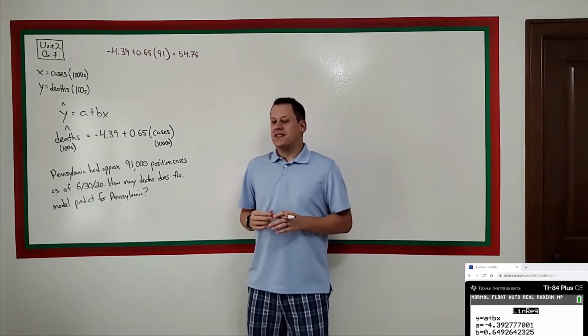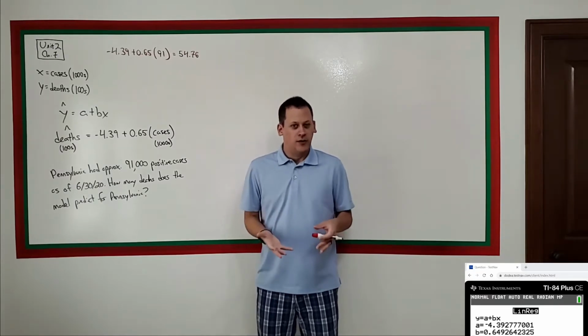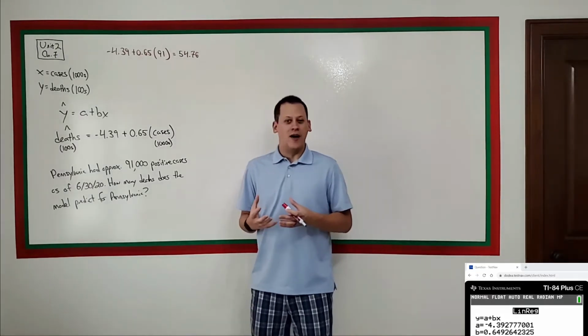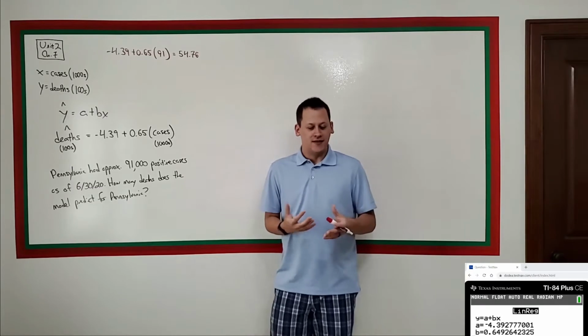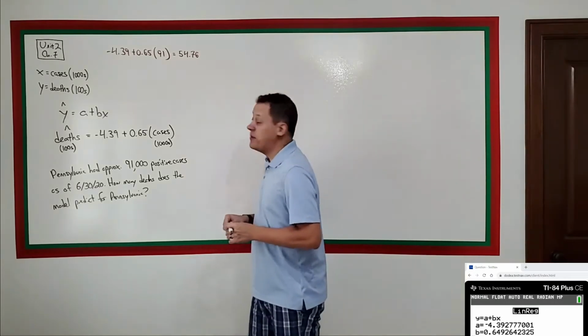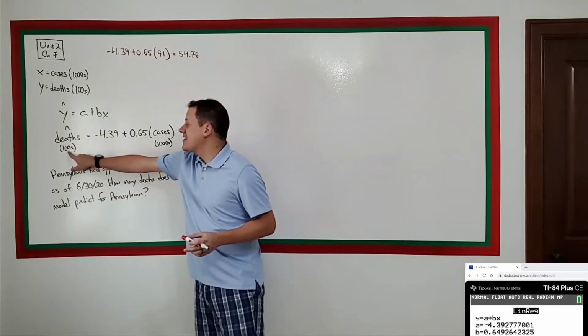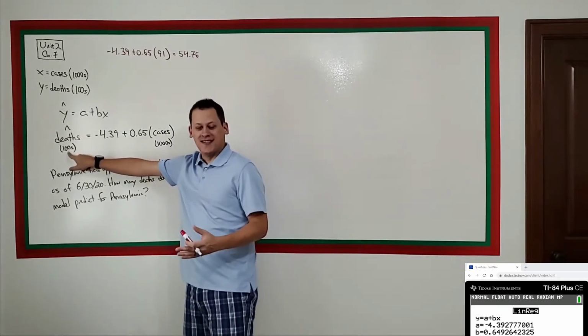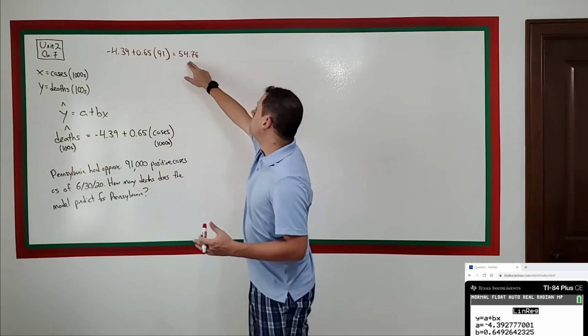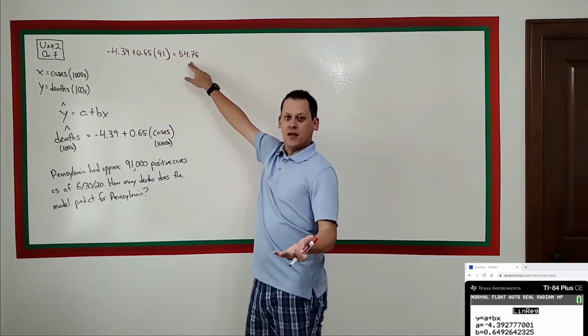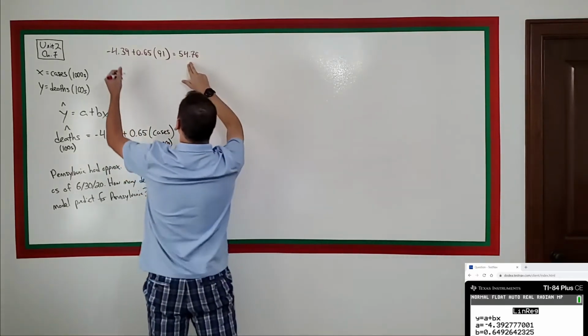To see if that makes sense, you would probably have to know a little bit about how many deaths are reasonable for a number of cases for COVID-19. That would be extremely low. And that's because the number of deaths is actually in hundreds. So we actually have to multiply this by 100 to get the number of deaths we predict.